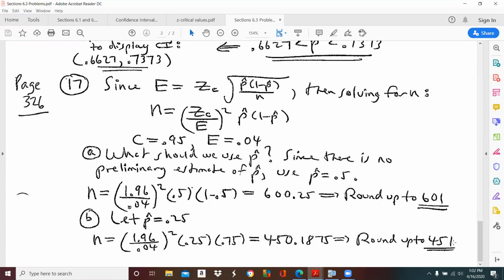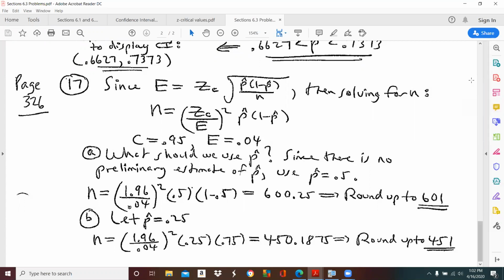All right, so that is it for today. I showed you several examples of how to construct a confidence interval. This last problem here, I showed you how to come up with a minimum sample size given a confidence level, a margin of error, and also an estimate of the p hat. And also I told you that if there was no estimate given, you would use 0.5 for p hat. So you had to do that.